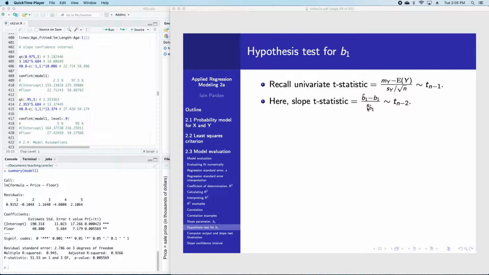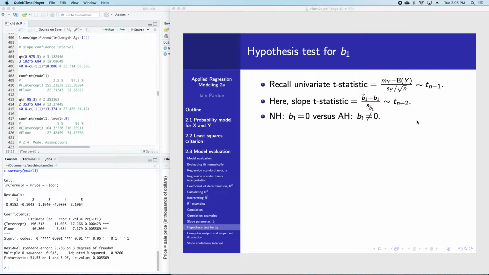That's what this S b1 hat is. That represents the standard error of the slope. Under the null hypothesis, that has a t-distribution, just like it did in chapter 1, but now our degrees of freedom is not n-1, it's n-2. A few videos ago I talked about where this 2 comes from, and it's because we're estimating 2 parameters in our model, the intercept and the slope.